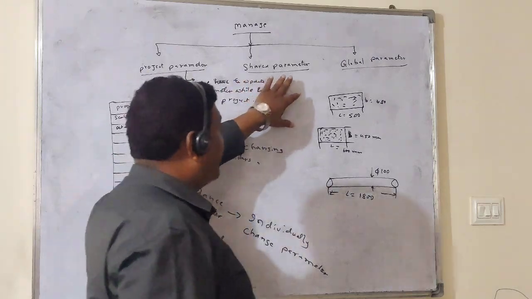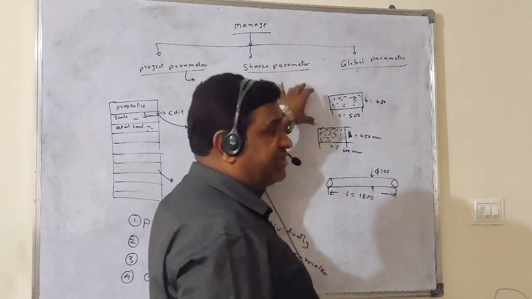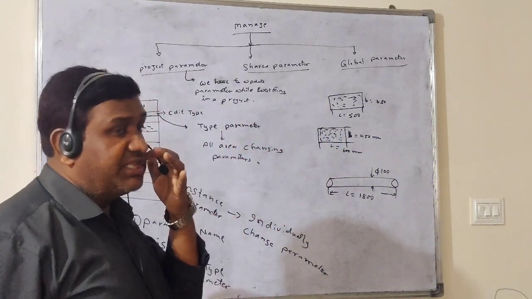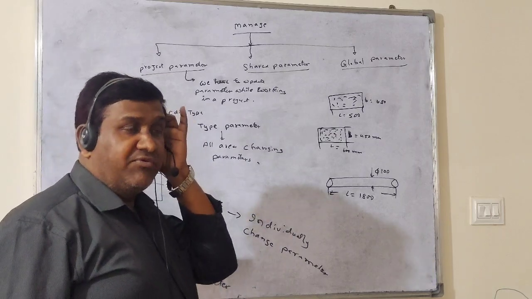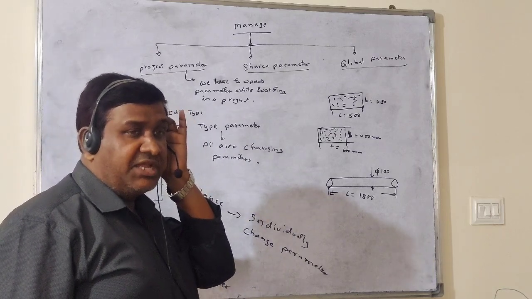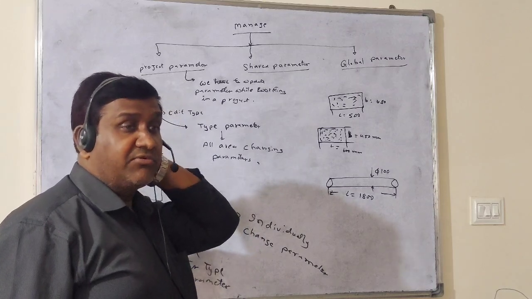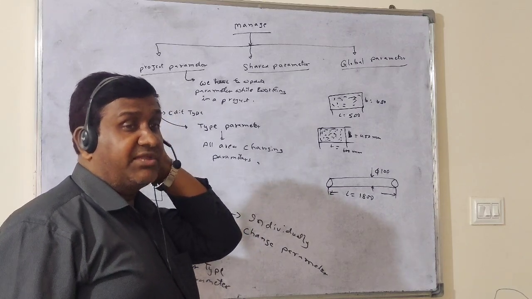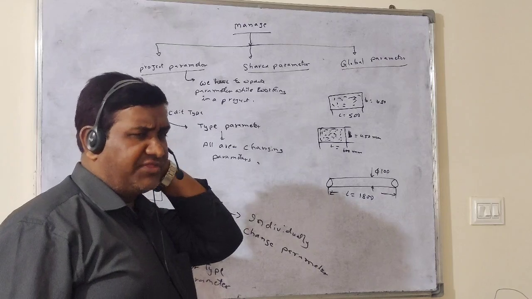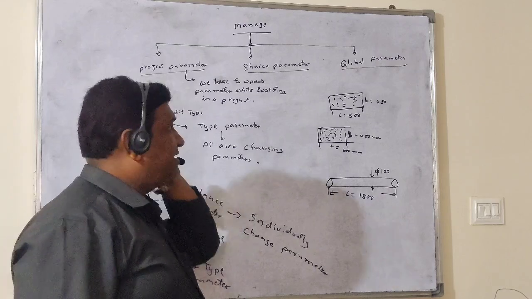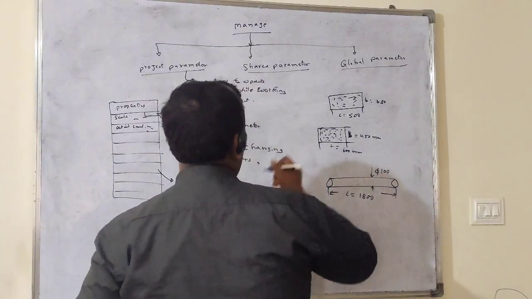But here the shared parameters is different, because the shared parameters is very much important in a project, because when you are going to share the parameters with different projects, that time you have to share the information by using shared parameters, because everything the process is same, but shared parameters is useful for sharing the parameters.